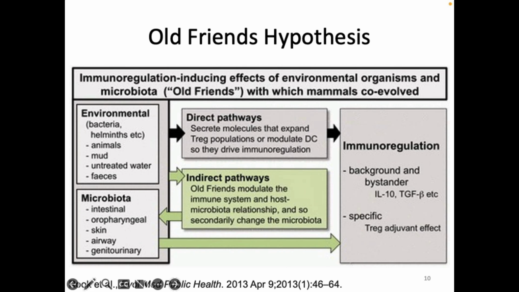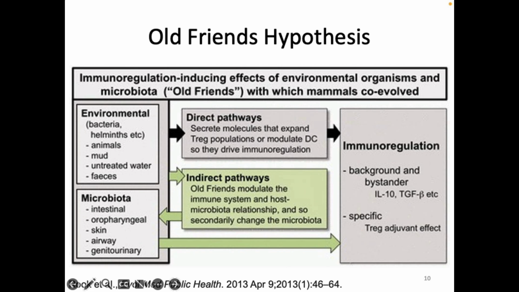Normally we should be making this really nice Treg response. We should often be getting our immune system kind of chilled out. And you can see that could be direct, that could be indirect, where those old friends modify our immune system. But in any case, the moral of the story is we're ideally making a lot of Tregs.